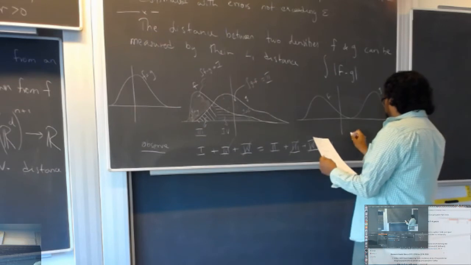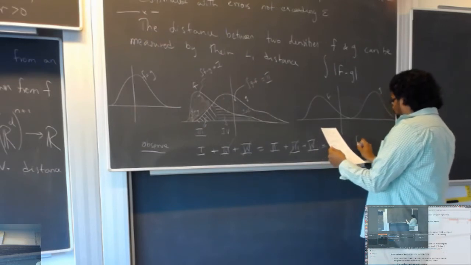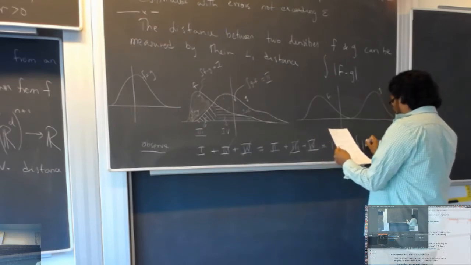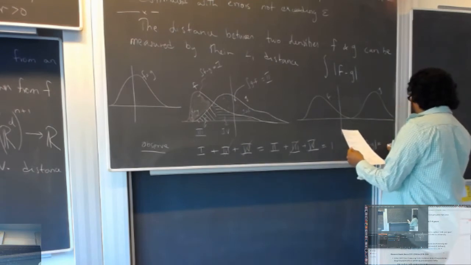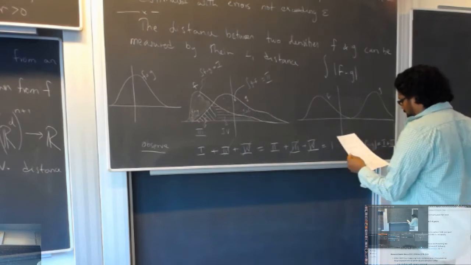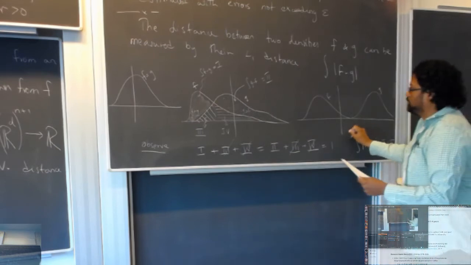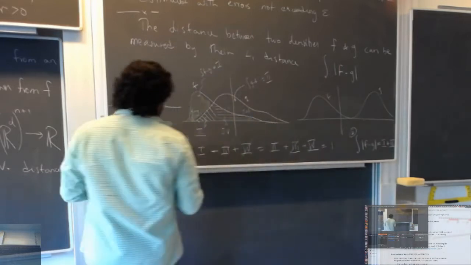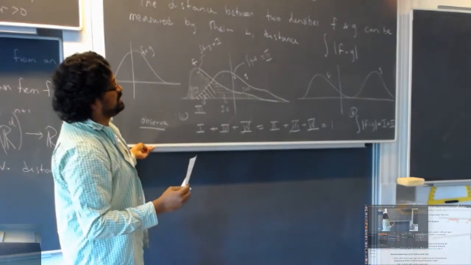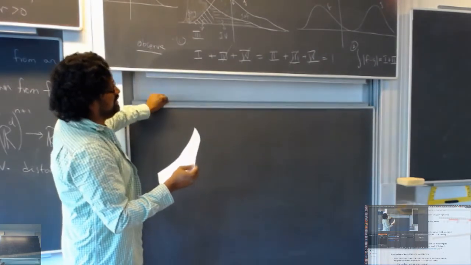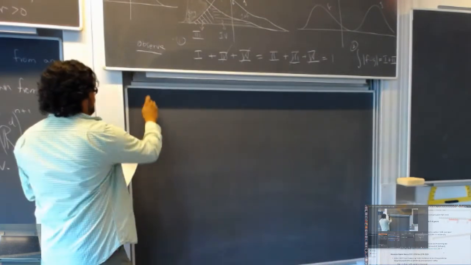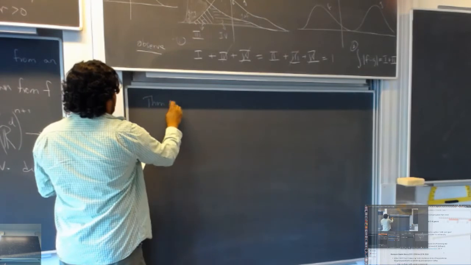And then the second point is that the integral of the absolute value of f minus g is simply going to be 1 plus 2. So these are the two simple observations, and that gives us the so-called fundamental piece we're building on, which is Theorem 1.